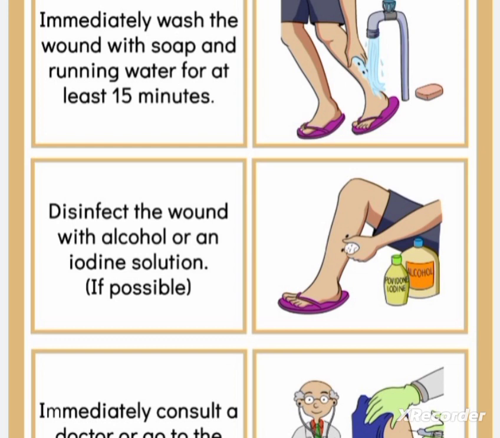The soap is an emulsifying agent, and when we use the soap, it will wash out the virus. The running water will help to flush out the virus. So that is the peculiarity of soap and water. We have to wash for 15 minutes, and it should be in running water.